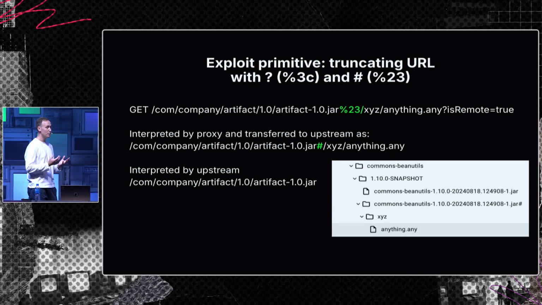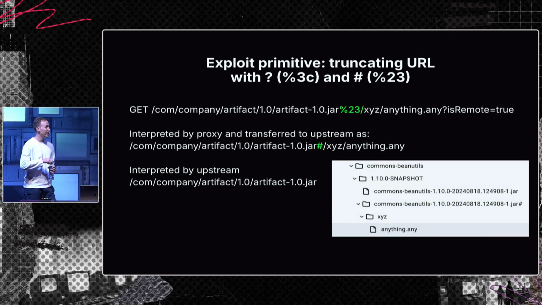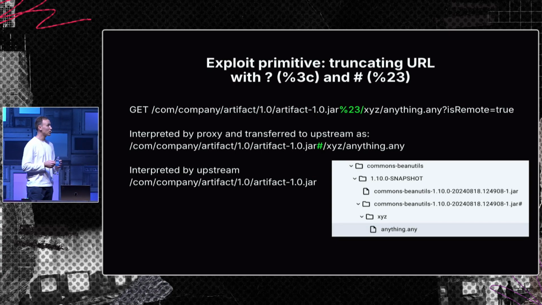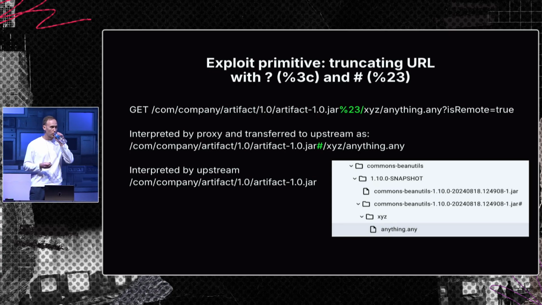But at the same time, this attack is highly limited because the file name should start with a specific name that exists in the upstream repository. I played a lot with different configurations, and I tried to perform this attack to actually get something meaningful out of it.